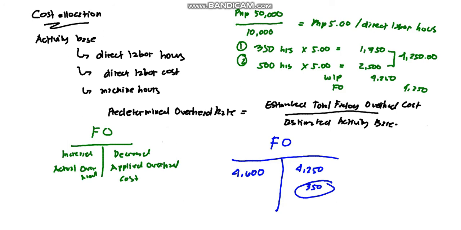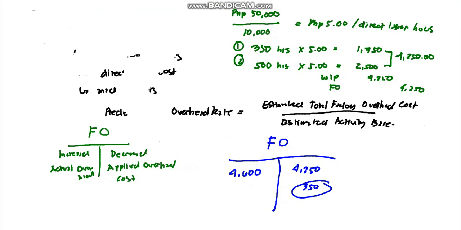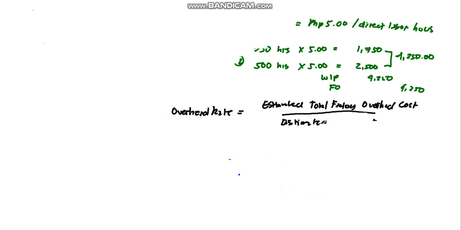So let's take another example. Okay, let's erase this one. Timer's running out. So for example, company A has a total overhead cost of 100,000 per year, estimated. Direct labor hours are estimated at 25,000, so we'll determine the predetermined rate. So that's 4 pesos per direct labor hour.